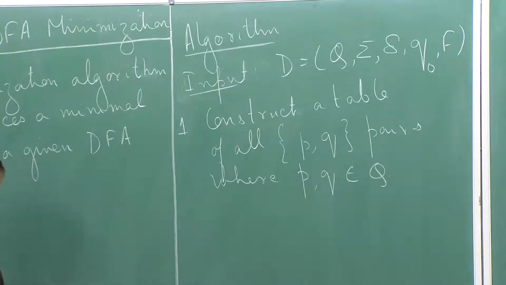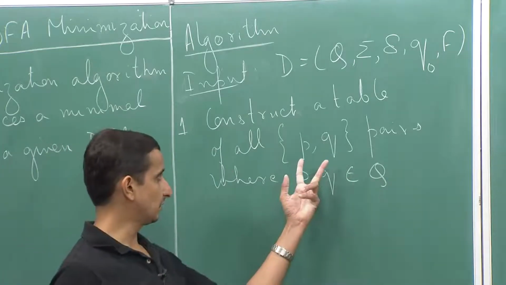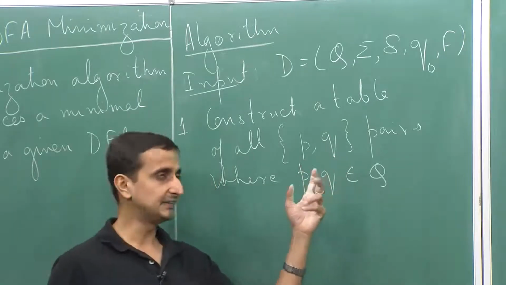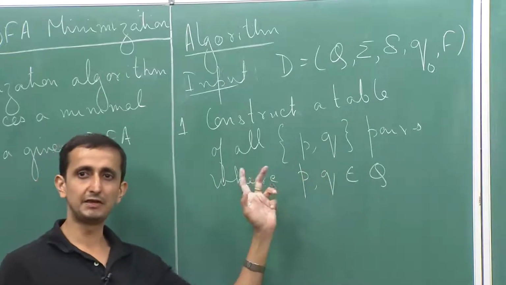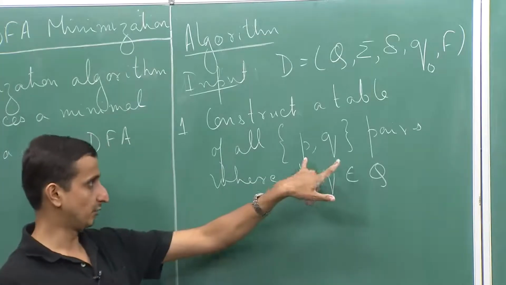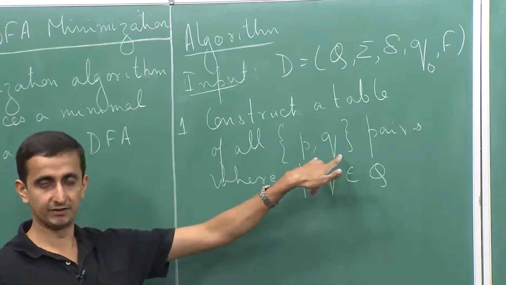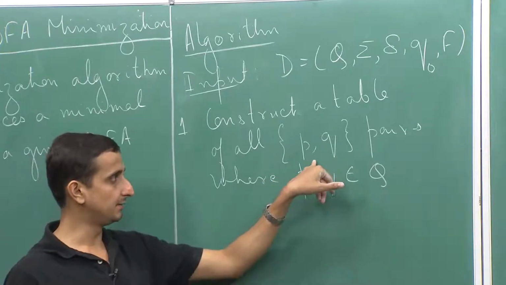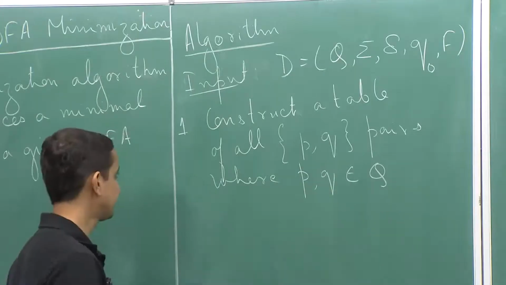These are unordered pairs, so {p, q} and {q, p} are the same object. That is why I wrote it in set theoretic notation. So look at all those pairs where these elements are states of my DFA.